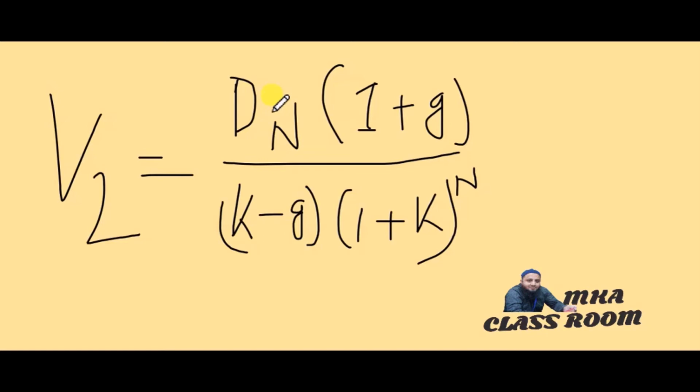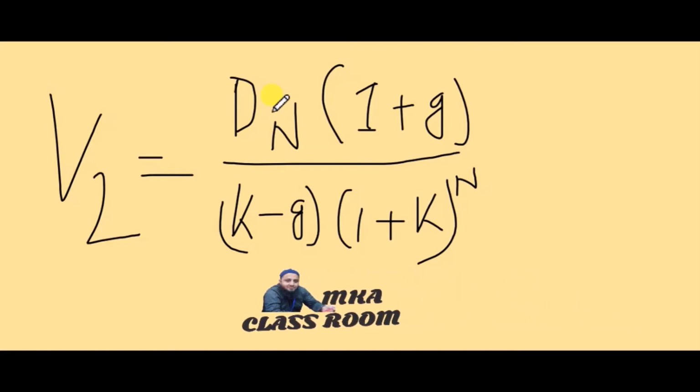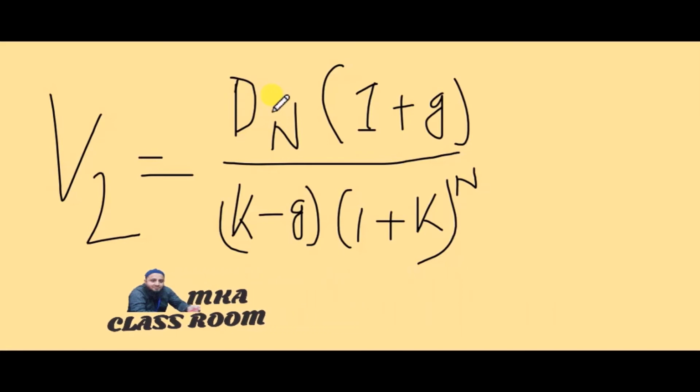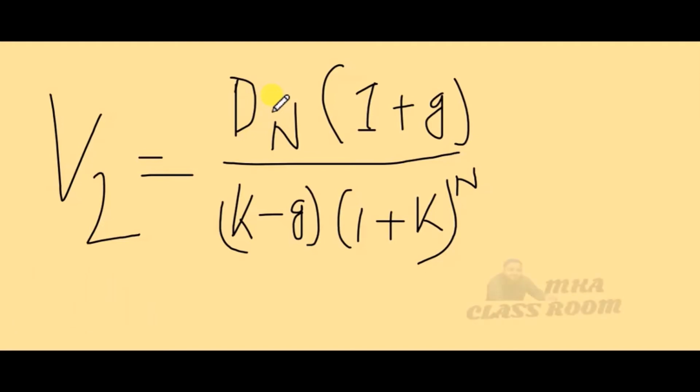The position of the investor at time n, after which the second phase commences, can be viewed as a point in time when he is forecasting a stream of dividends for periods n+1, n+2, n+3 and so on, which will grow at a constant rate, that is g.